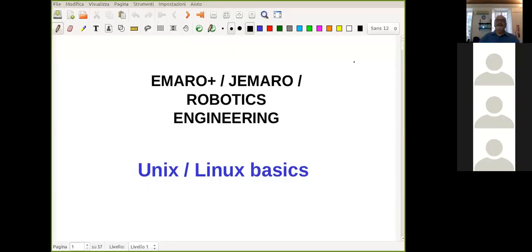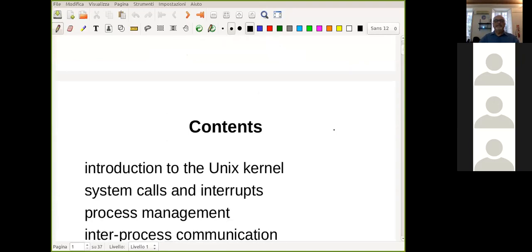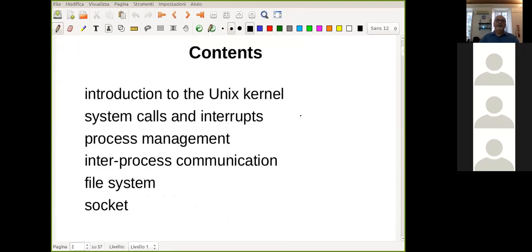Finally, as I say, can you see the file? Yes, Professor. Linux basics. Well, in the following, we will use Unix and Linux differently, the name doesn't matter. The contents is introduction to the Unix kernel.